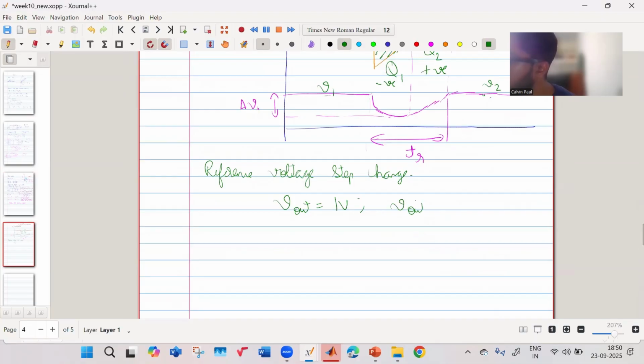You want your output voltage to become equal to 1.1 volt. So this delta Vref is equal to 0.1 volt. You're changing your reference from 1 volt to 1.1 volt, so the step change in your reference is delta Vref, equal to 0.1 volt. So how should your converter behave in that case?